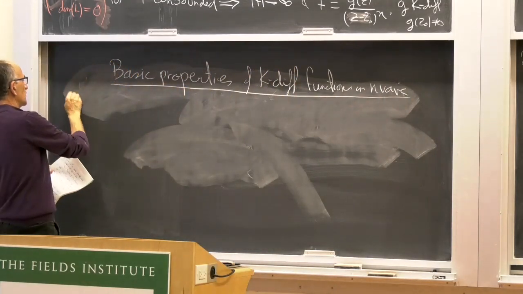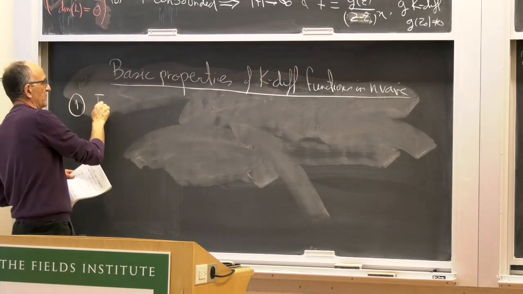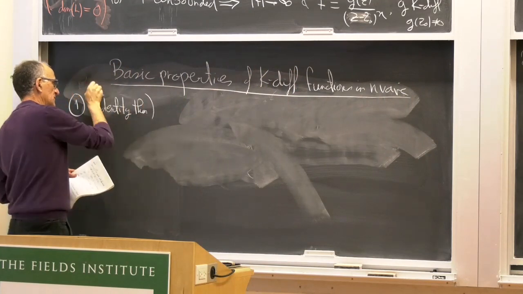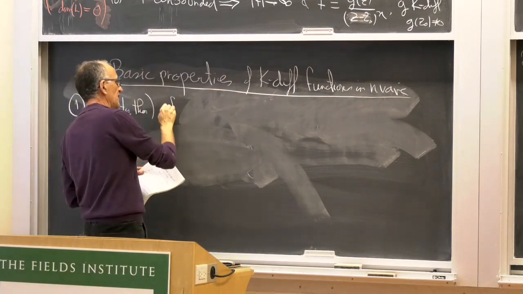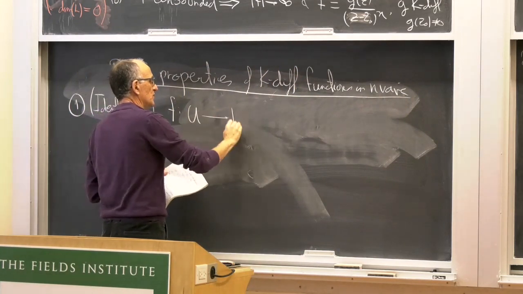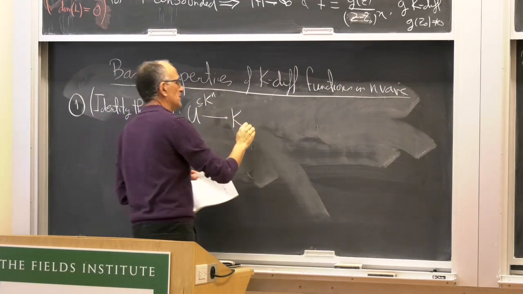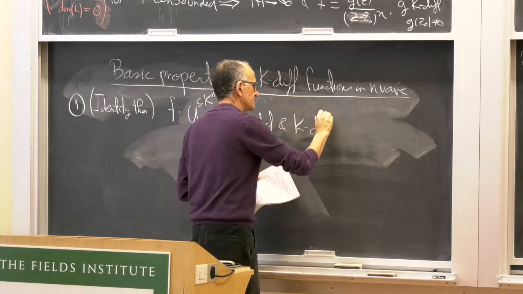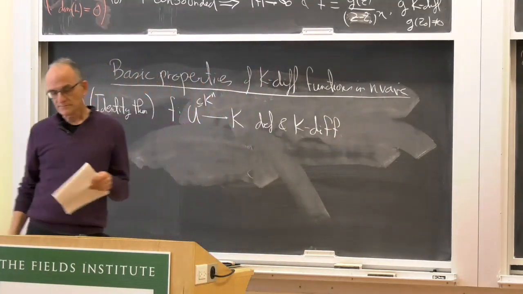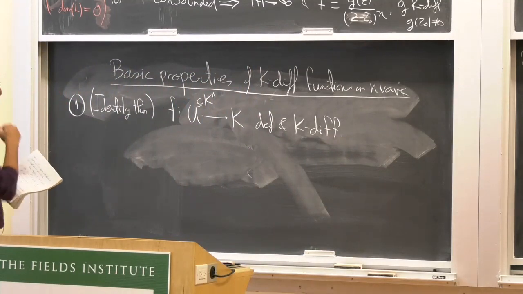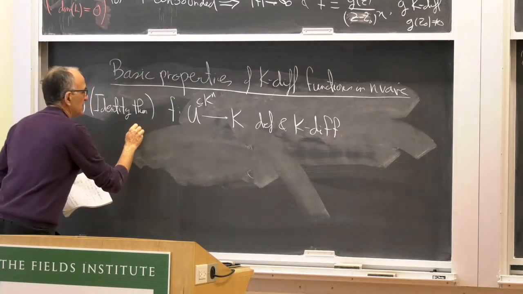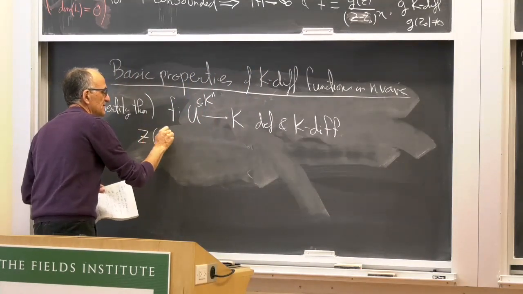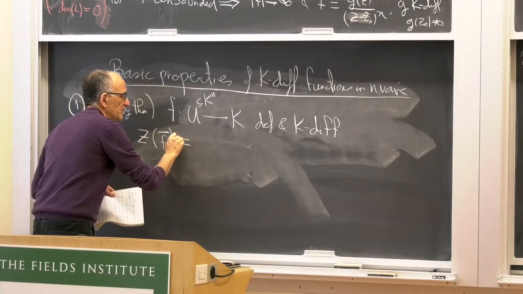Here is the multivariable version of the identity theorem. Assume we have f from U to K, again U is in K^n, which is always definable and K-differentiable. And now I want to look at the zero set, not only of f, I'll write it f bar, you'll see what I mean.